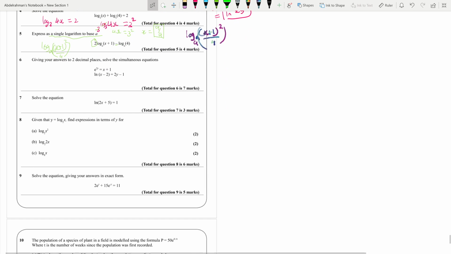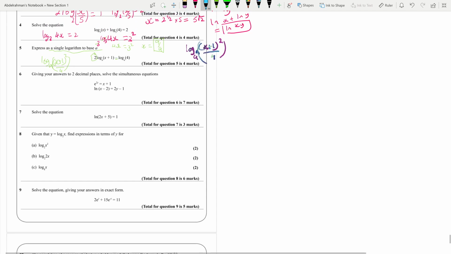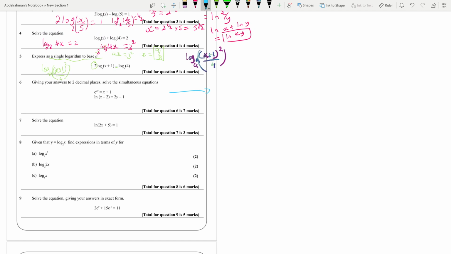Next will be simultaneous equations. I will write it here.